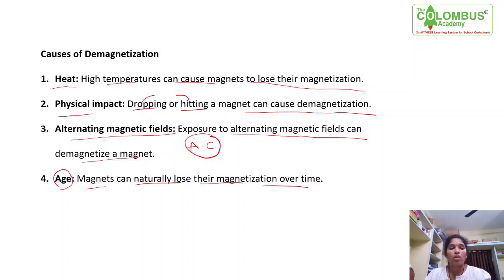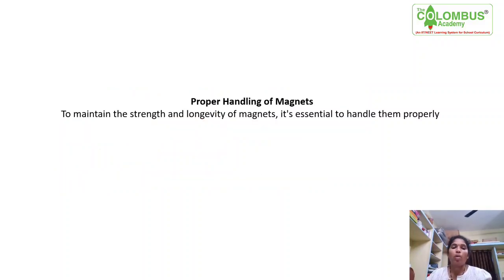So there is a way to handle magnets properly so that we can retain their magnetic property. Why do we need to handle magnets properly?